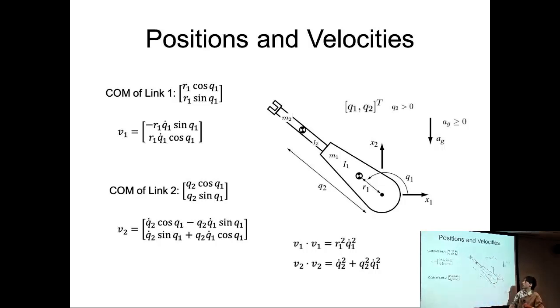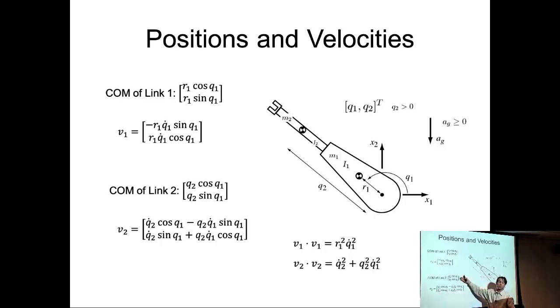Likewise, the position of the center of mass of rigid body 2 is cosine theta times q2 for the x position, and then sine theta times q2 for the y position of the center of mass. Once again, when we differentiate this, we get the velocity for the second link.